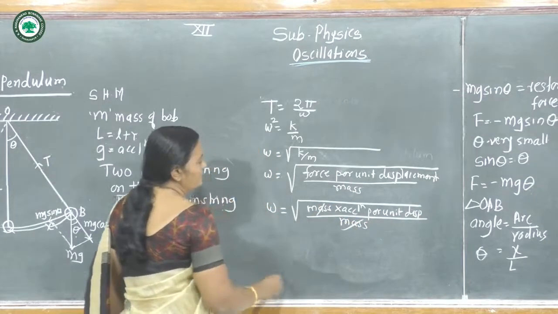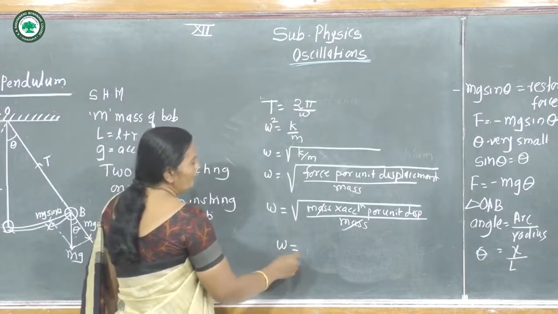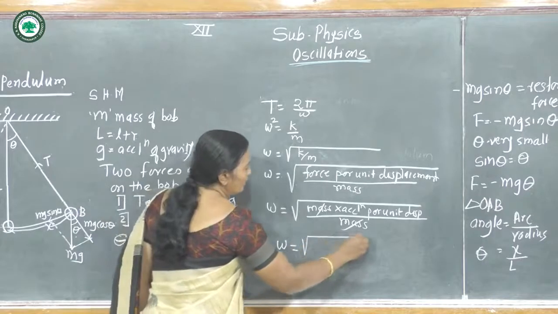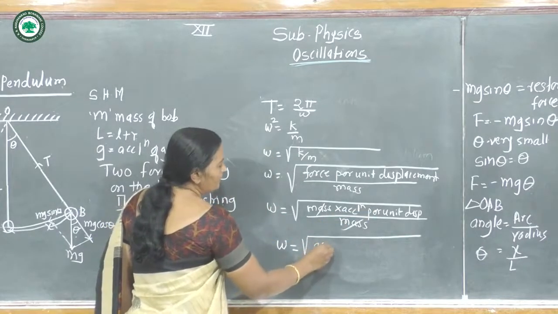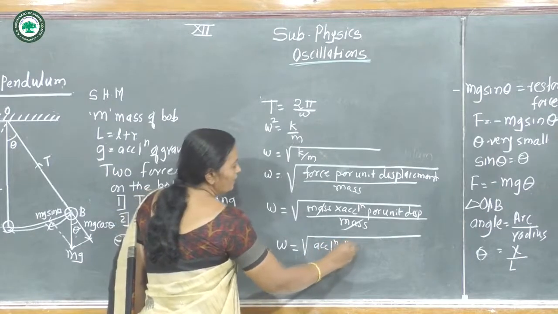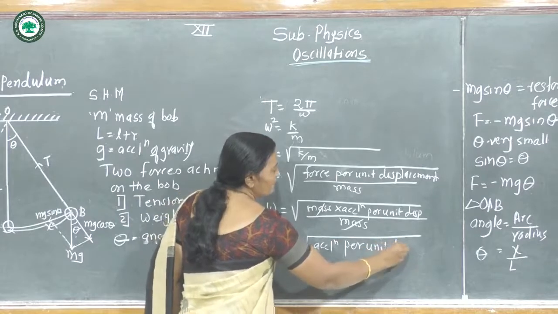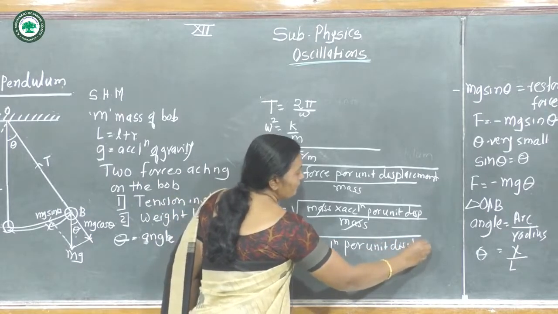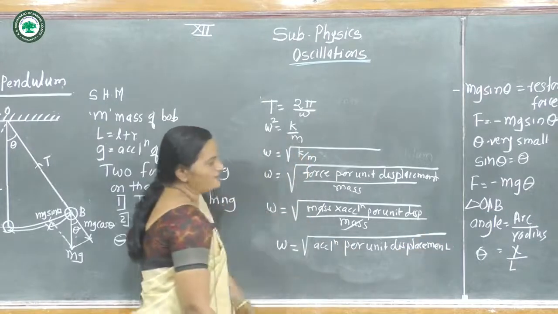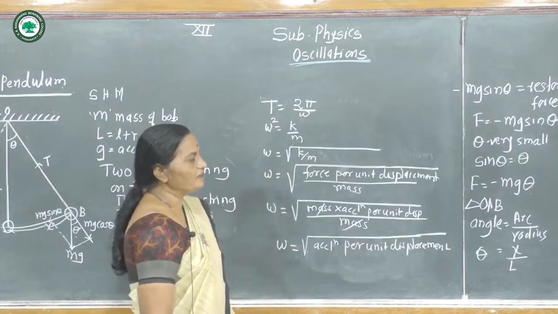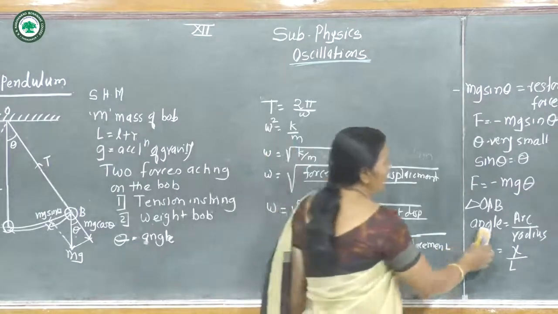Mass gets cancelled and we can say omega is equal to the square root of acceleration per unit displacement. Now substitute the value of acceleration per unit displacement here.